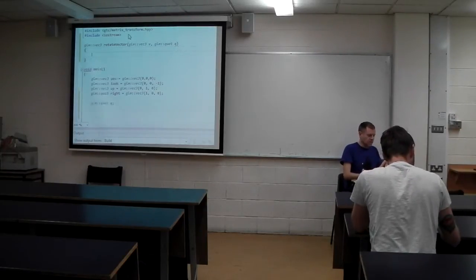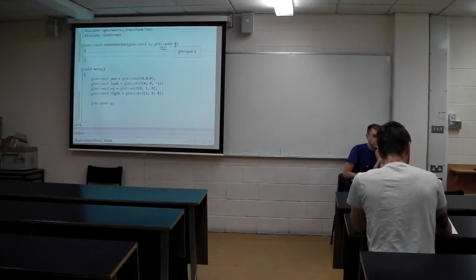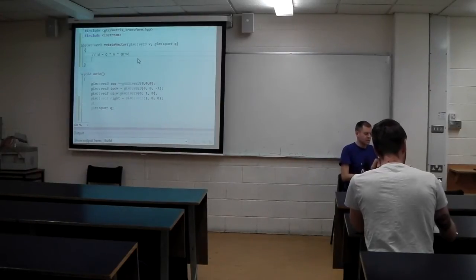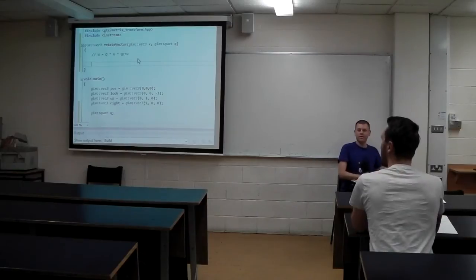So what we want to do is return the vector v rotated by the quaternion q. If you guys remember, the equation for that is W equals q multiplied by W multiplied by q inverse. I'll just call it qInv. That's the equation for rotating the vector by a quaternion.